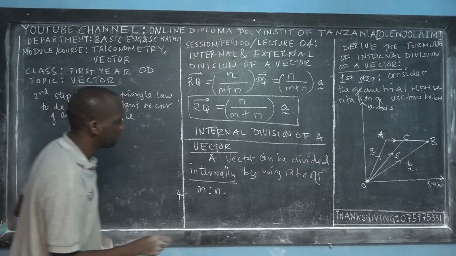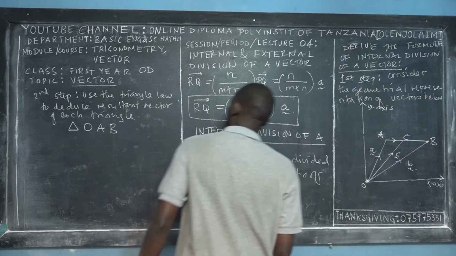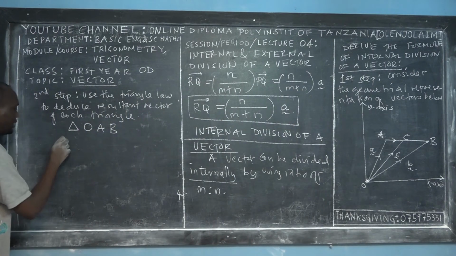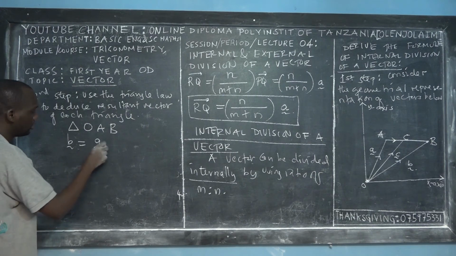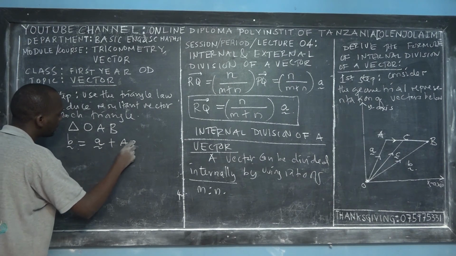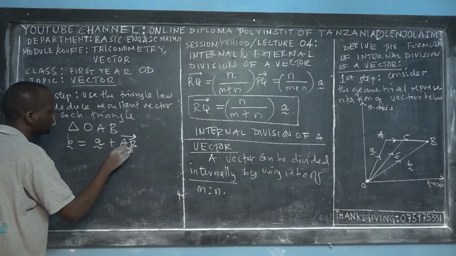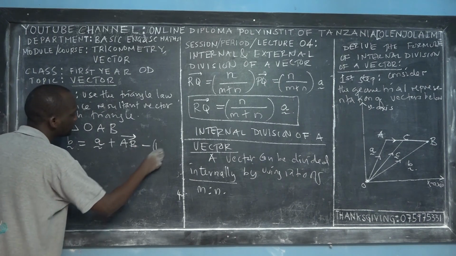What will be the resultant vector in this case? It is vector B. So our resultant vector B is equal to vector A plus vector AB, which is the displacement vector.